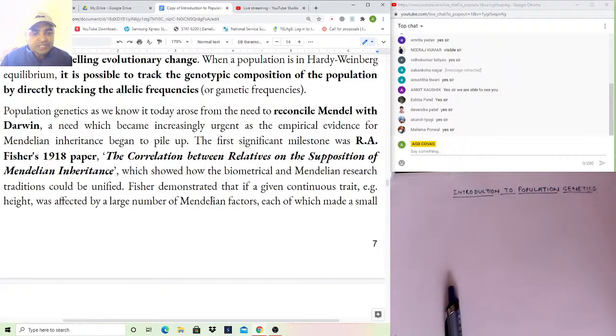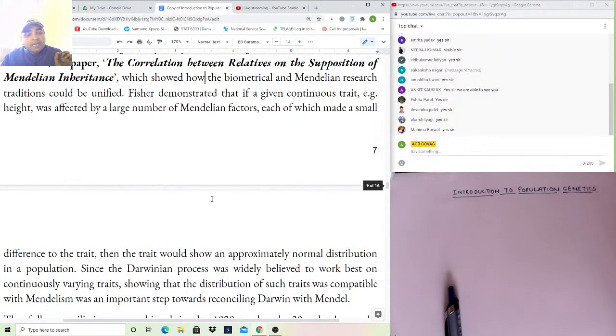Fisher demonstrated that if a given continuous trait, for example height, was affected by a large number of Mendelian factors, do not consider that one gene is affecting the height. Many genes are affecting the height, and all those genes are Mendelian genes, each of which made a small difference to the trait.